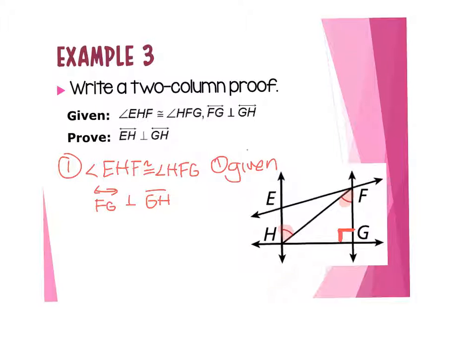All right, so number 2. If this angle and this angle are congruent, what do I know about EH and FG? They're parallel. How do I know that? What are the ways to prove lines are parallel?